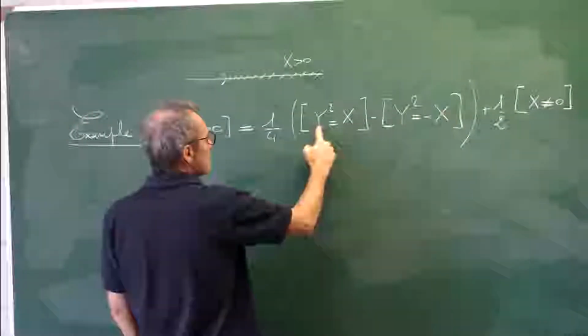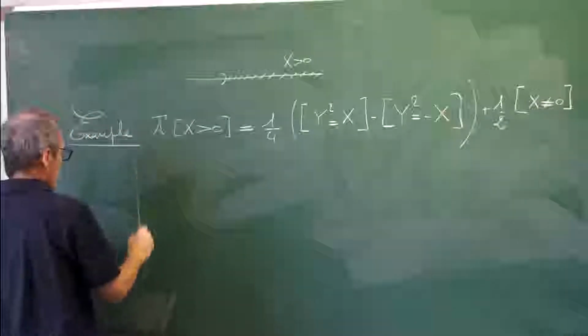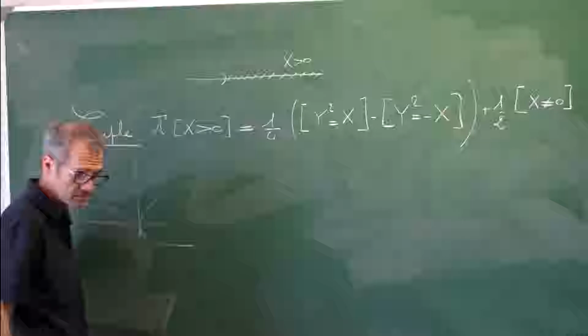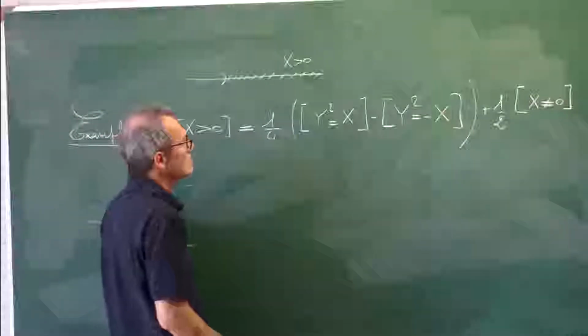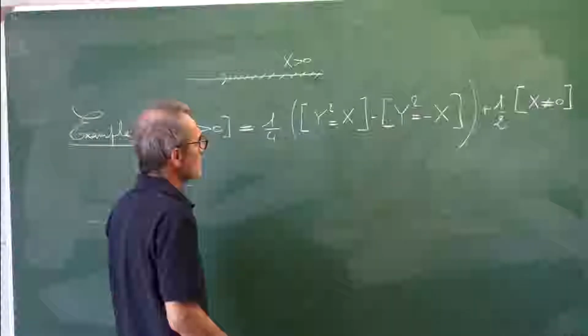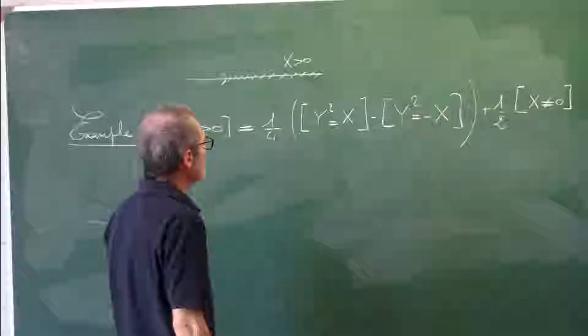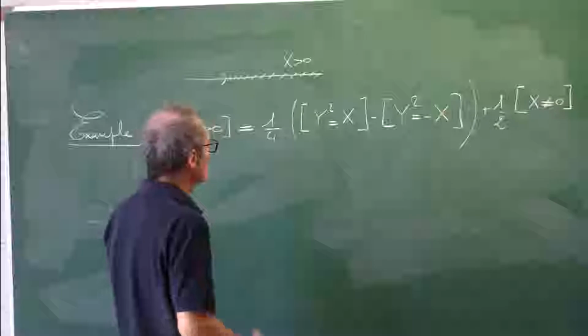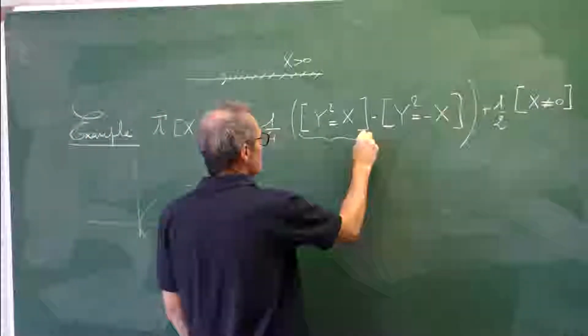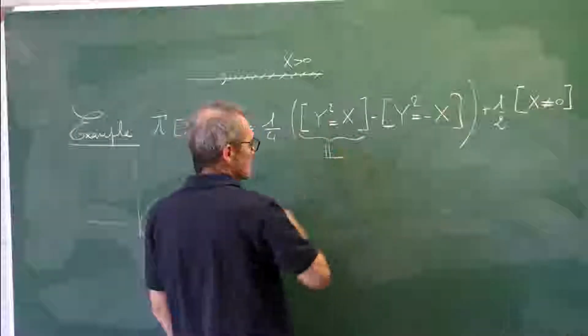So here I have the class of an algebraic variety, which is a parabola, and this is nothing else than the class of the line. This is L.